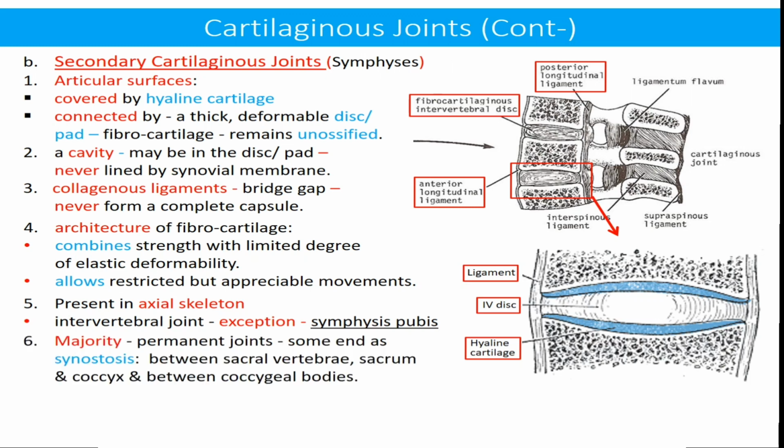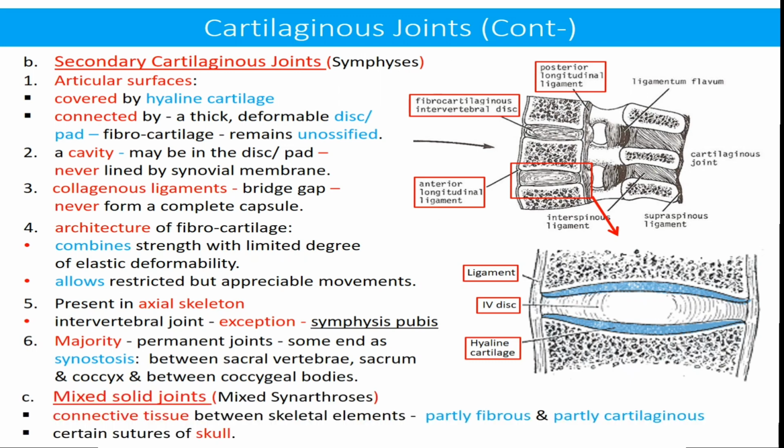Majority of these joints are permanent joints. Some end as synostosis, such as between the sacral vertebrae, between sacrum and coccyx, and between coccygeal bodies.